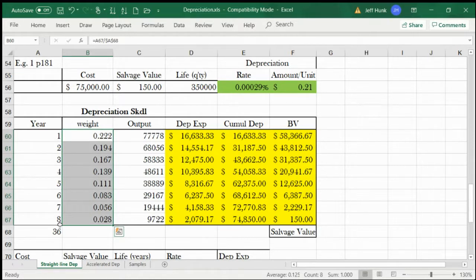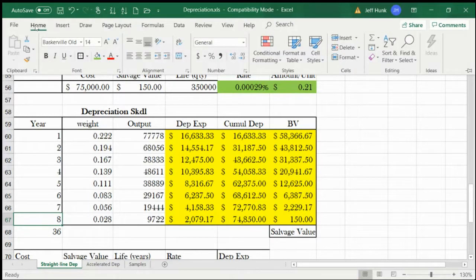It's called Rule of 78. Why is it called Rule of 78? Where does that 78 come from?